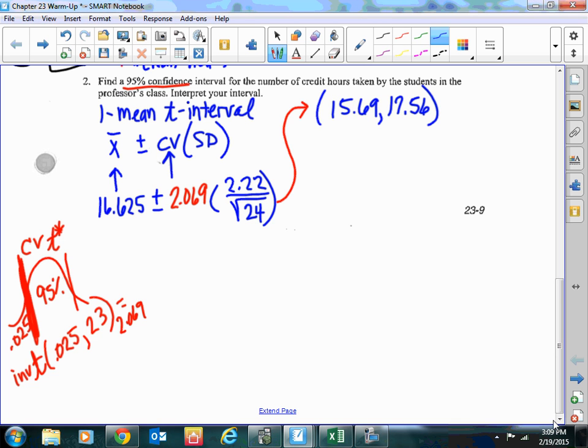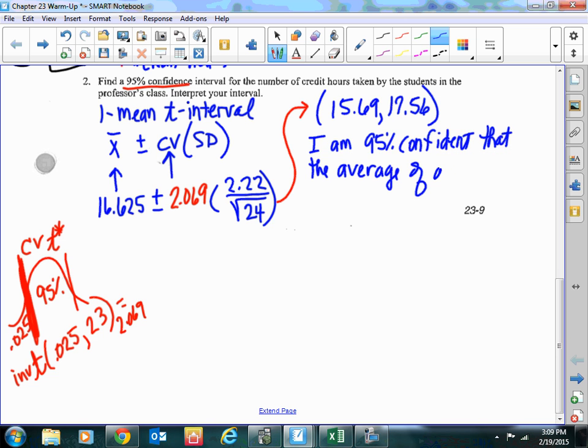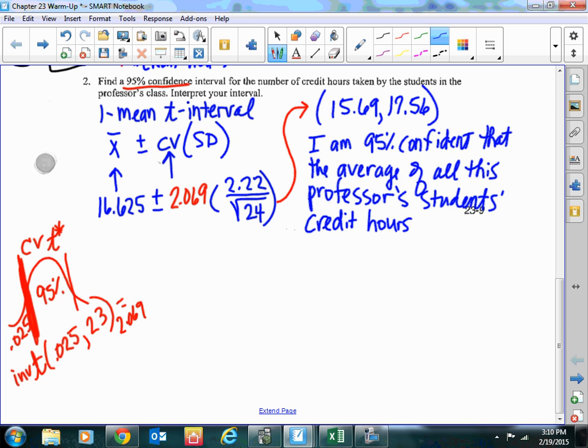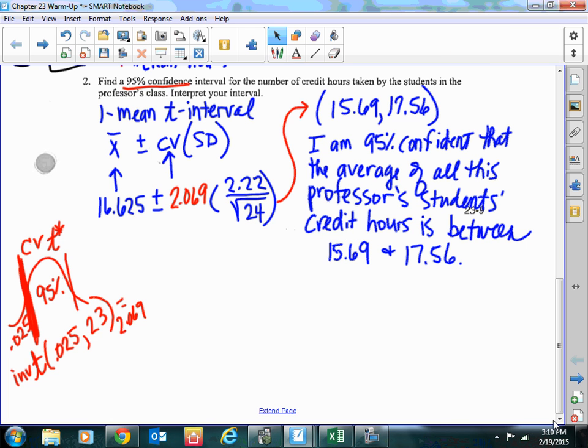And so my conclusion is that I am 95% confident that the average of all this professor's students' credit hours is between 15.69 hours and 17.56 hours. Okay, that's it.